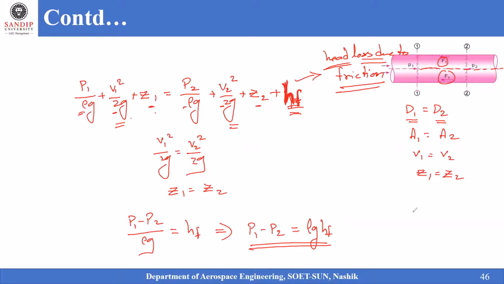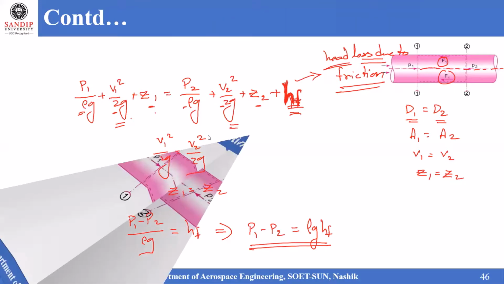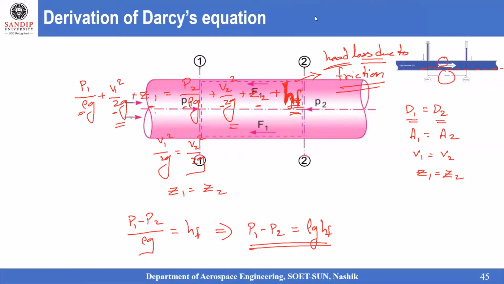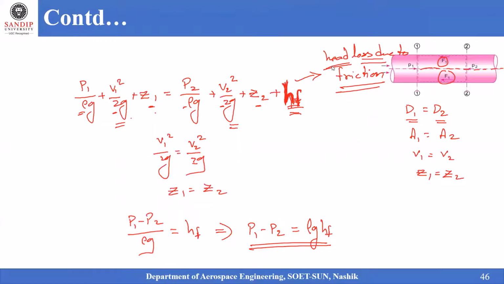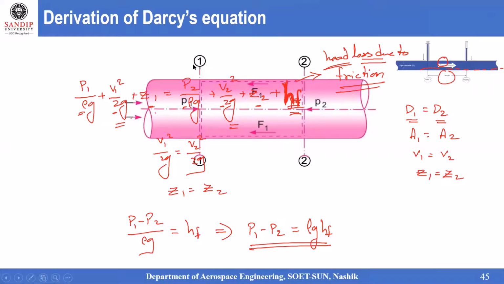So let us discuss this head loss due to friction in order to reason about it. When we see a pipe flow connected with this one, here in this image you can see, so let me go back to the previous one so that you can clearly notice that. Yes.